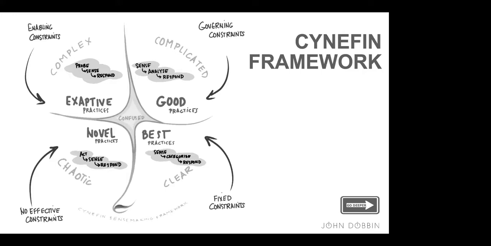Whereas this particular problem is complicated. We can do most of that with waterfall, but we want to do some Agile experiments just to clarify things. This particular problem is very clear or very simple. Waterfall, no problem. Just do it. And this problem over here, which is chaotic, we just have to act right now.